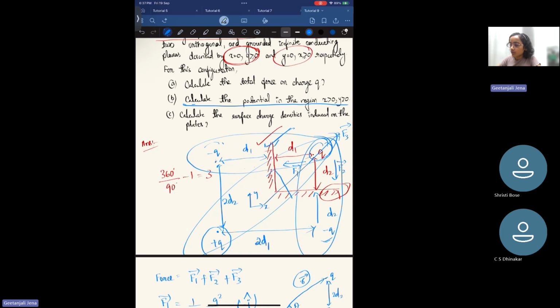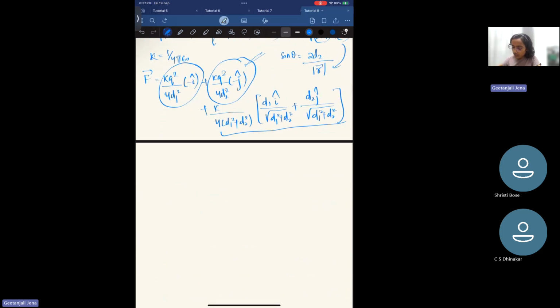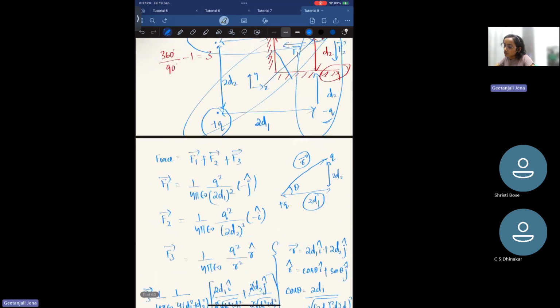Let us calculate what will be the potential. Its potential is easy because you know the coordinates. But let us calculate it so that we can calculate the answer for the next question. So let us see the coordinates. Q is at D1, D2. Other charge is present. This is Q at D1, D2, right?